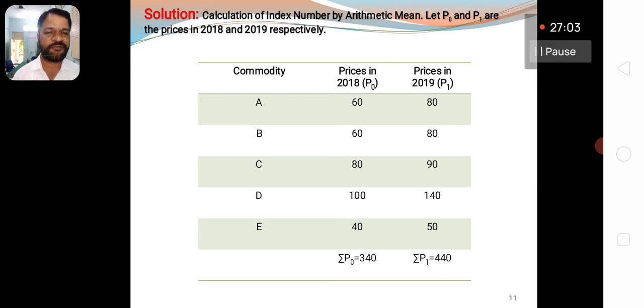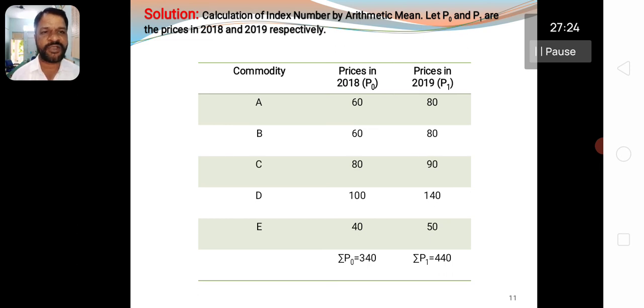The formula used is P01, the price index of base and current period, equal to sigma P1 divided by sigma P0 into 100. Sigma P1 is 440 and sigma P0 is 340.